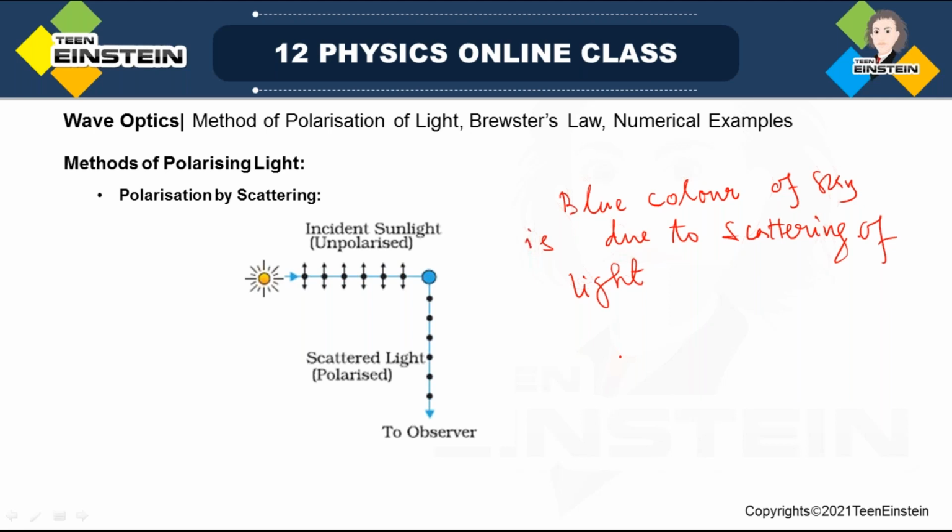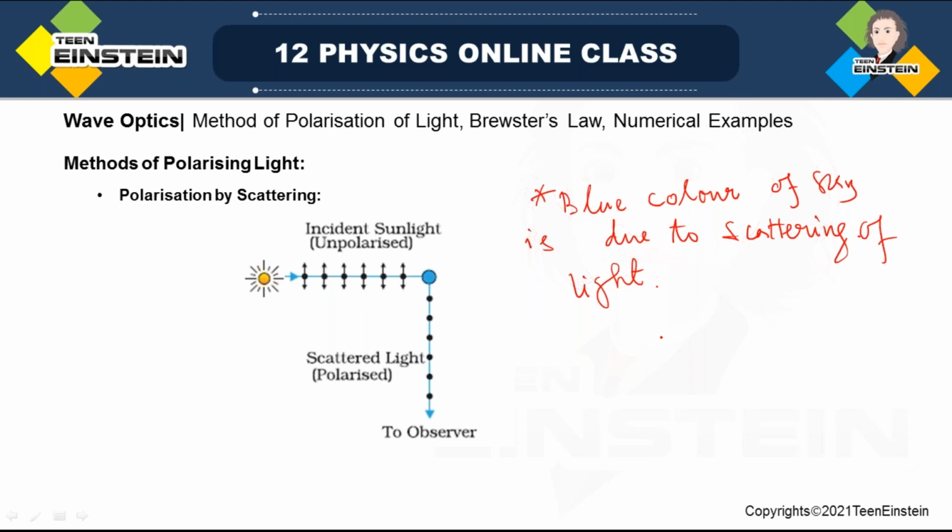You might be thinking, what about violet? Violet is actually not seen very properly, so blue light has lesser wavelength, so the scattering will be more. That's why we see a clear sky as blue in color.